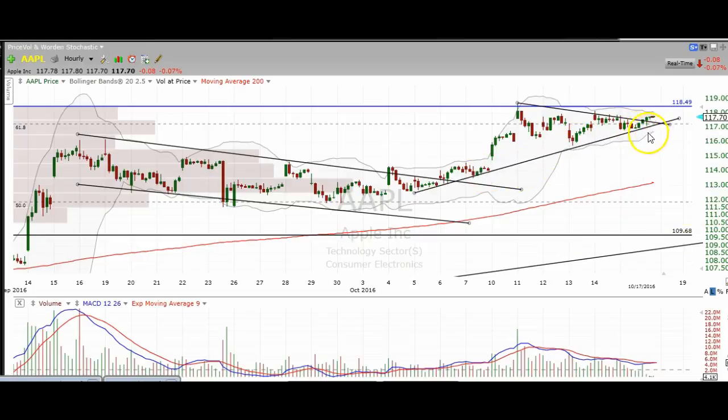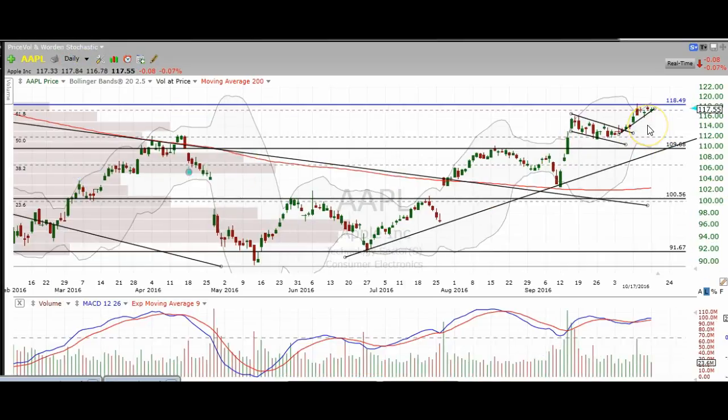So if this uptrend line breaks, and by break I mean an hourly close below it, we're going to head lower here on Apple. Not a huge shorting opportunity. I still think Apple is bullish here in the long term, but just as a shorter term opportunity, I do think we're going to see some downside.